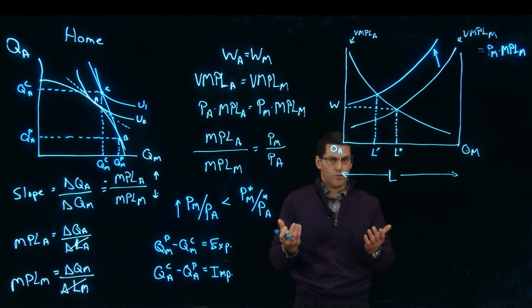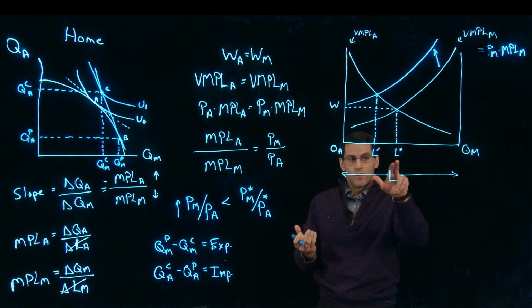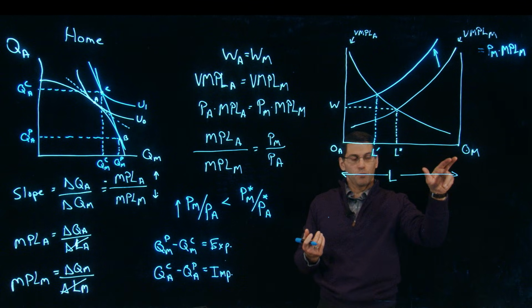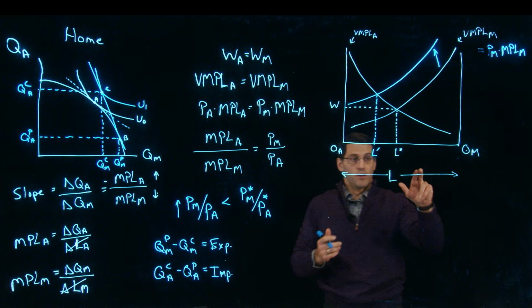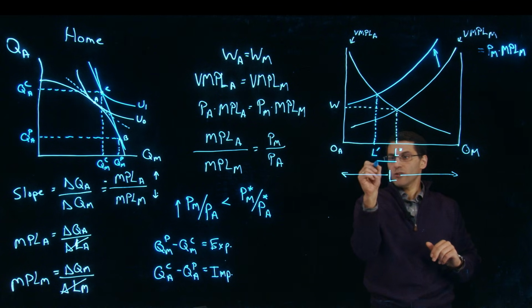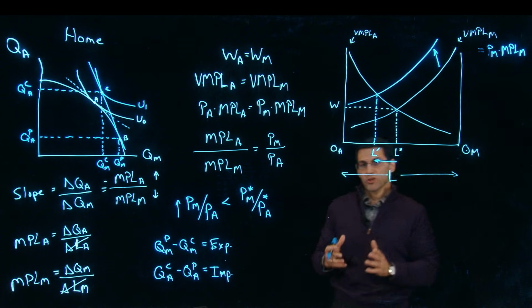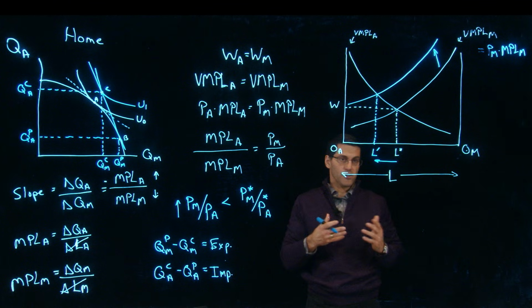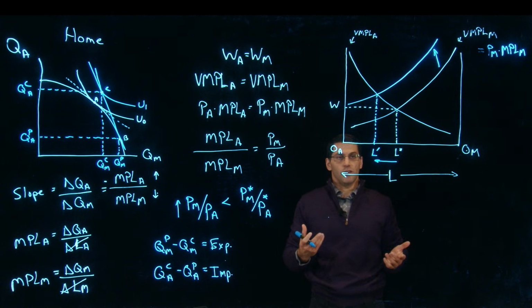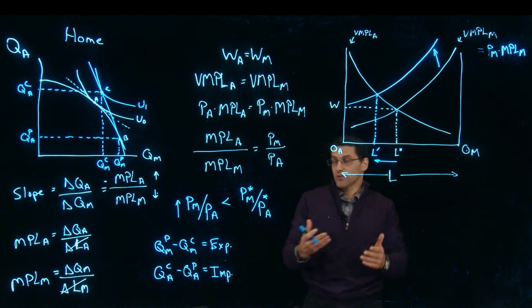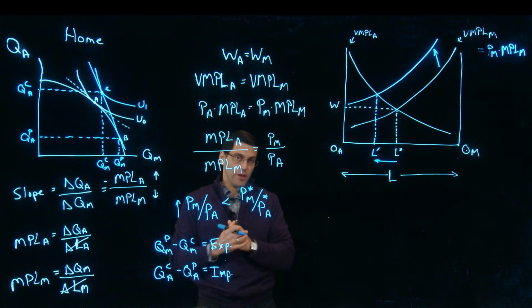So what's happening? The amount of labor that initially was employed in manufacturing was from here out to L star. Now it's from OM up to L prime. So workers have moved out of agriculture and into manufacturing. Right? And of course, this matches what we see in the PPF.